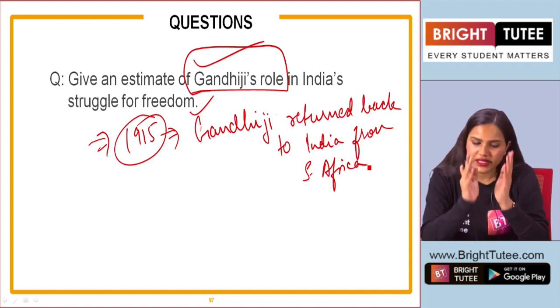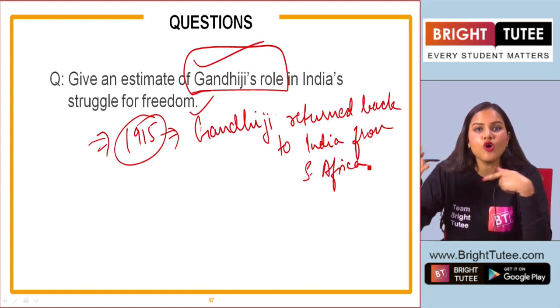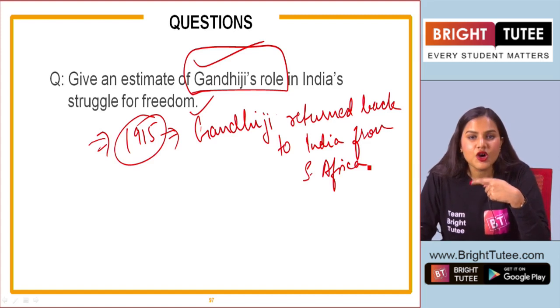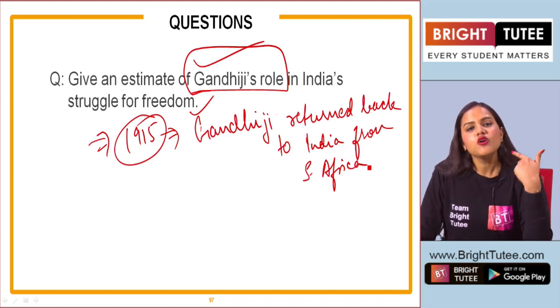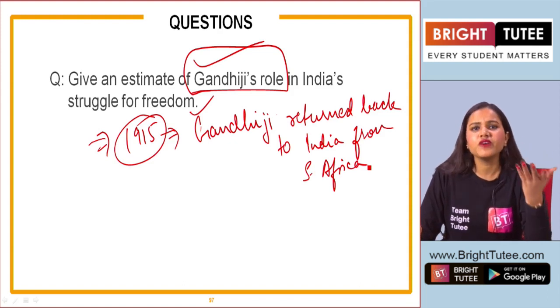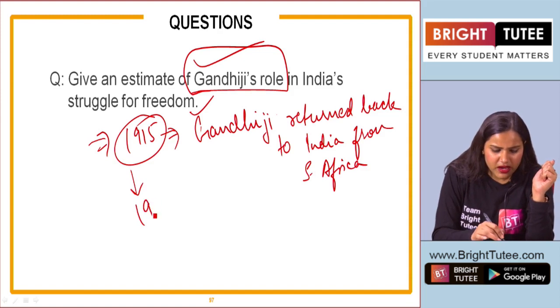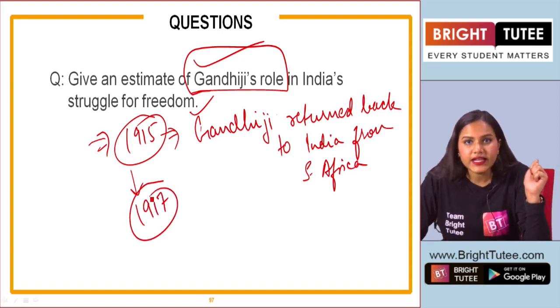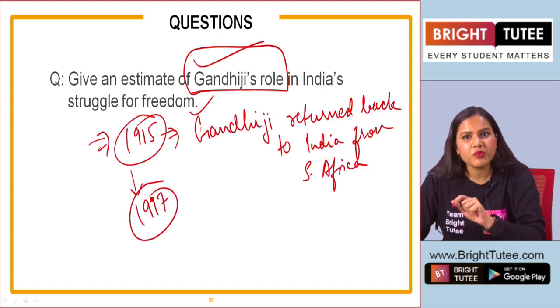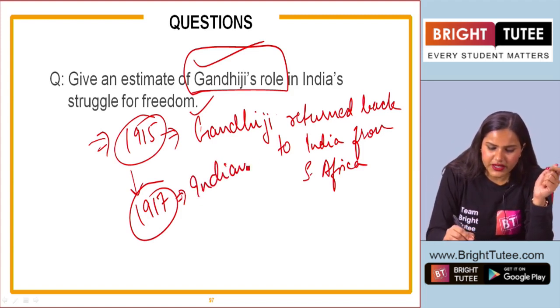Correct or not? Yes. So when Gandhiji came to India, he was a hope for all the Indians, for all the common people who were eager to challenge the British government but had no unified leadership. It was in the year 1917 with the Champaran Satyagraha that he entered Indian politics.